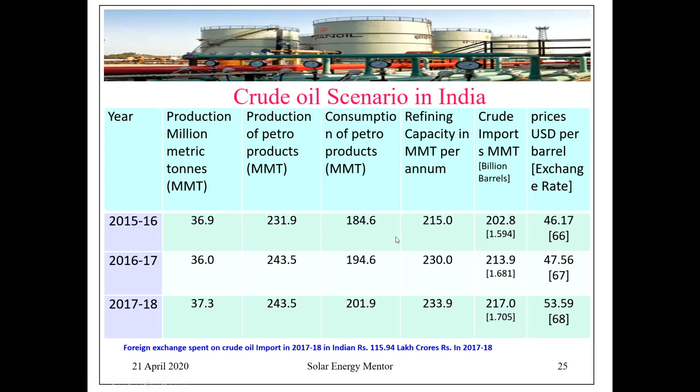How is this possible? Because we imported the crude. The crude import, which we processed, was 202.8 million metric tons. In the next year, production is 36, petroproducts 243, and import 213.9.